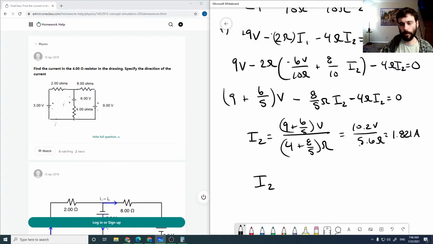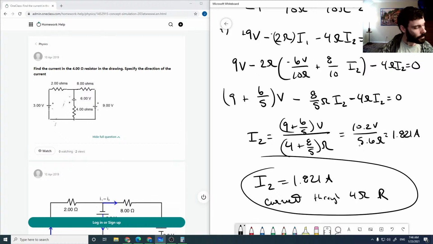So then I2 is 1.821 amps, and that's the current through the 4 ohm resistor. So that's our current.